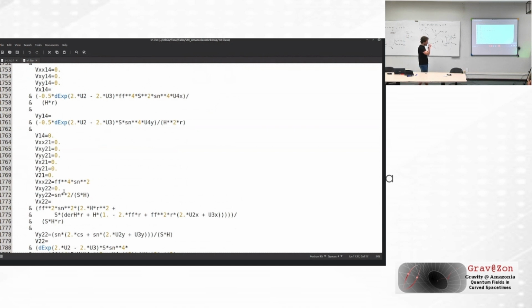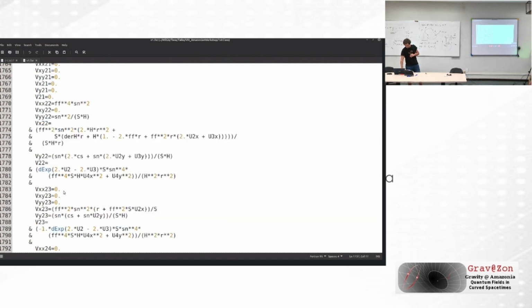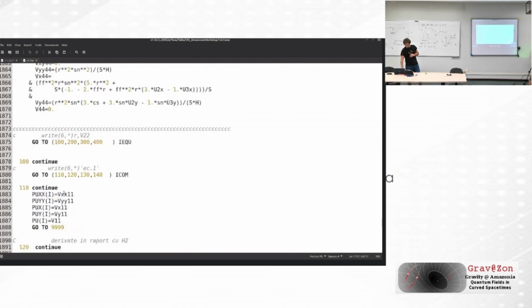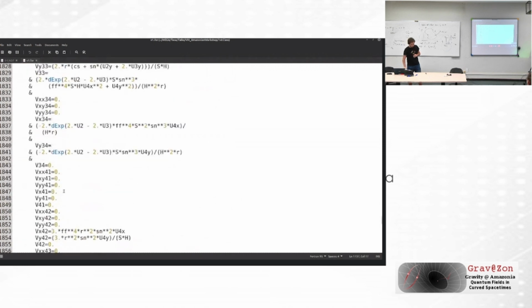In the Kerr case, you don't have a lot of equations that are non-zero, so you don't have to change a lot. But for example, Kerr with scalar hair, you have many more lines, or quantities, that are non-zero. But essentially, that's what you have to change. So subroutine 1 is for the equation of motion.